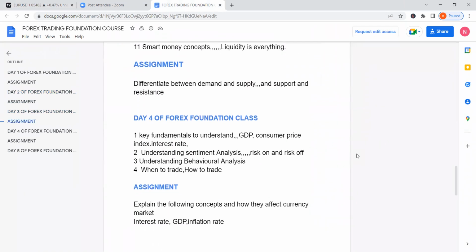Day 4. We are just going to look at the meaning of some of these fundamentals. I've already introduced them to you when I was discussing types of analysis in the market. When we were looking at fundamental analysis, I was just supposed to mention them, but I broke them down into pieces for you.